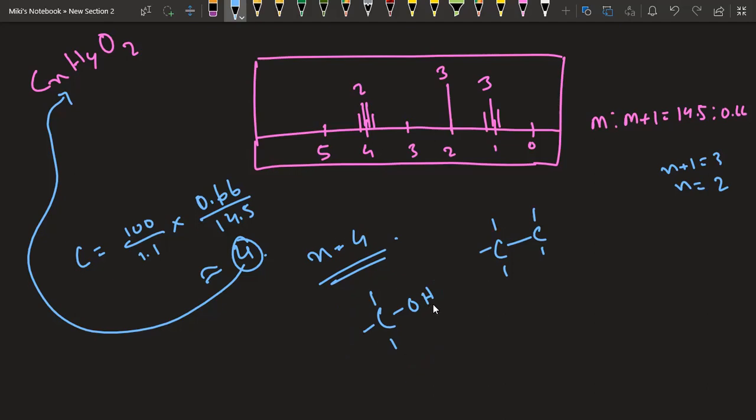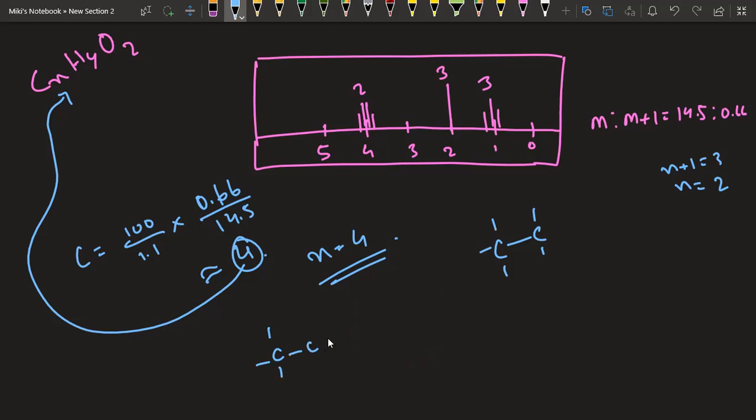If this cannot be the case, then what could it be? Let's observe the other groups present here. Since there are 2 oxygen here, a few things could be here.